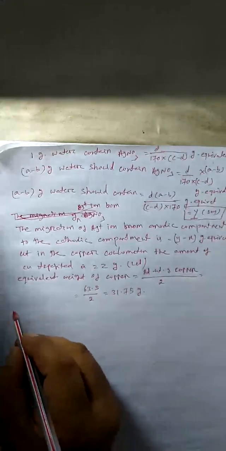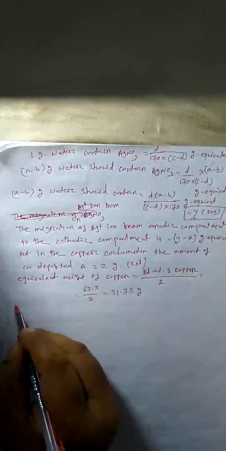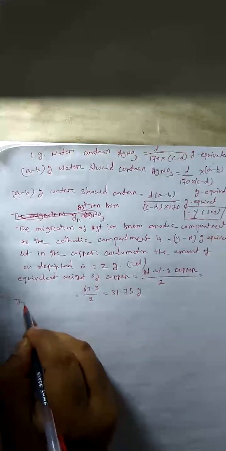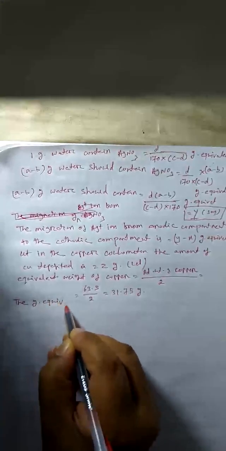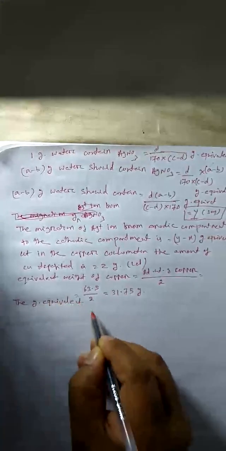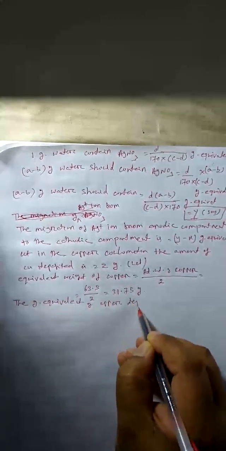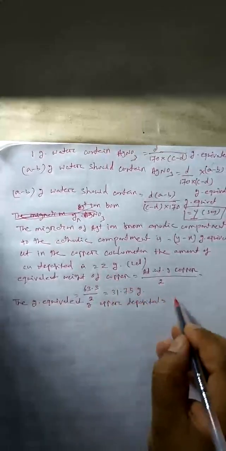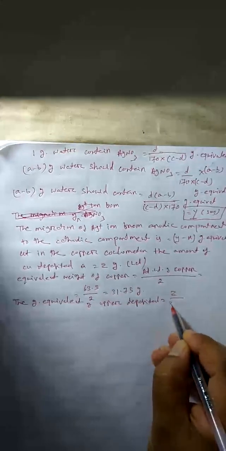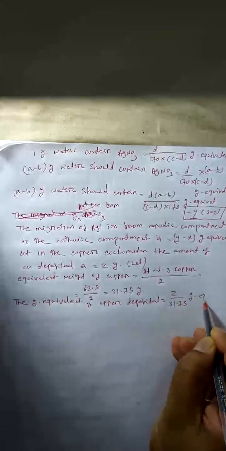Then the gram equivalent of copper deposited is equal to Z gram divided by equivalent weight. That is called gram equivalent.